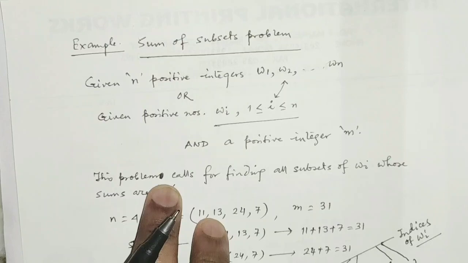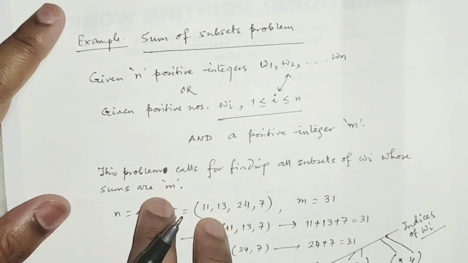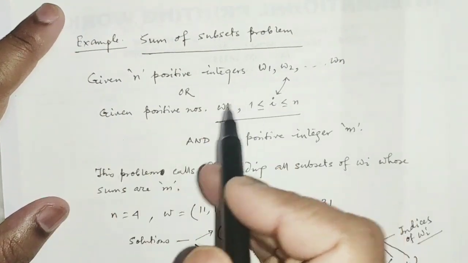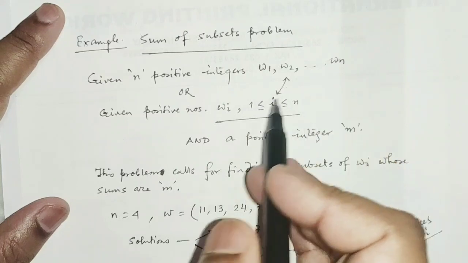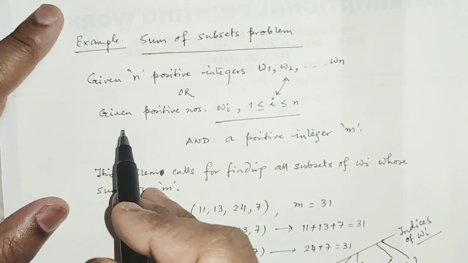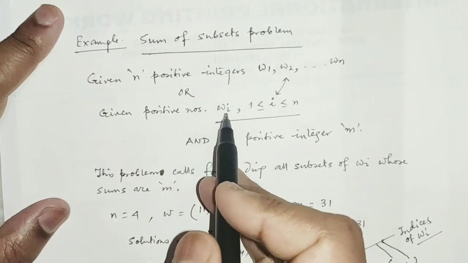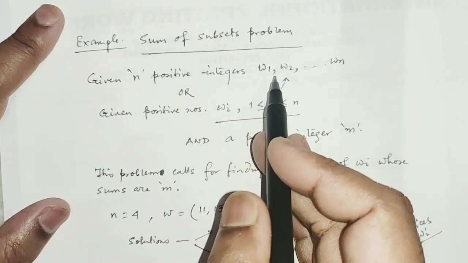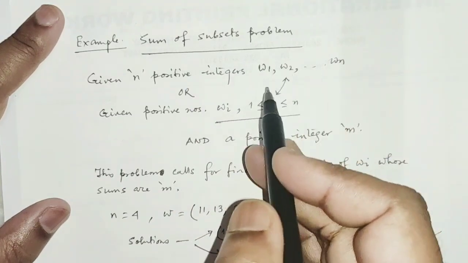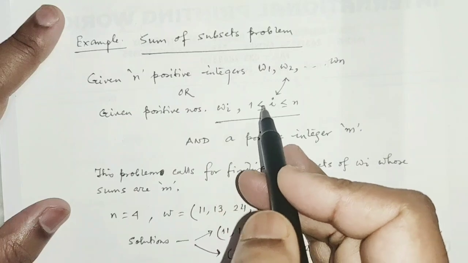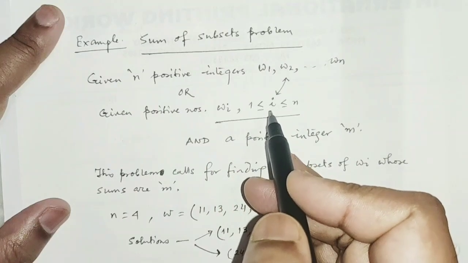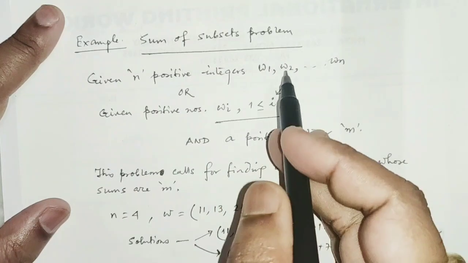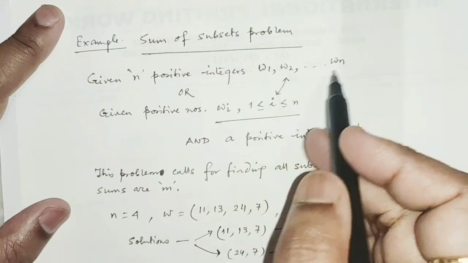There will be n given positive integers, w1, w2 up to wn, or we can say that we have been given positive numbers wi in general. Here it is expressed as w1, w2, in general w of I, where the range of I is 1 up to n.